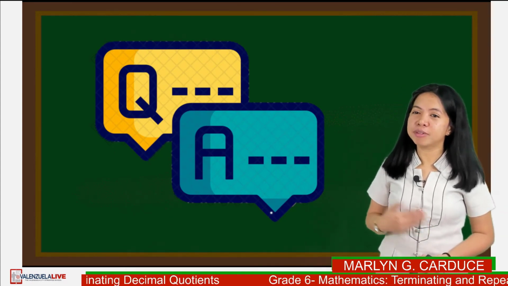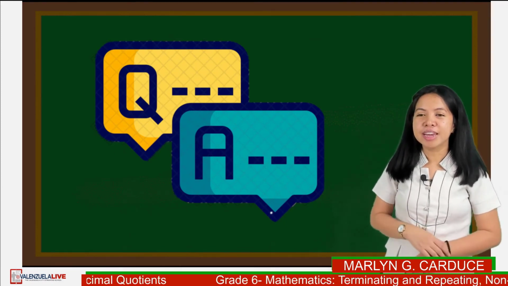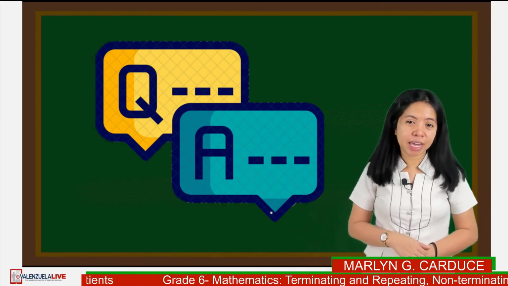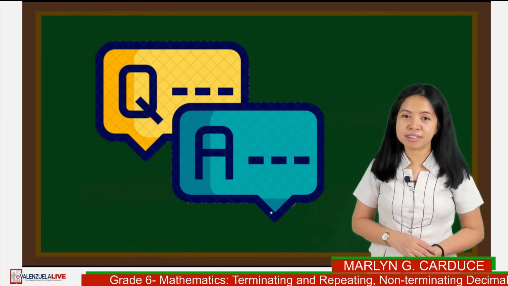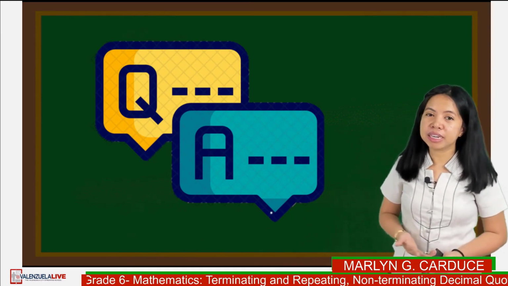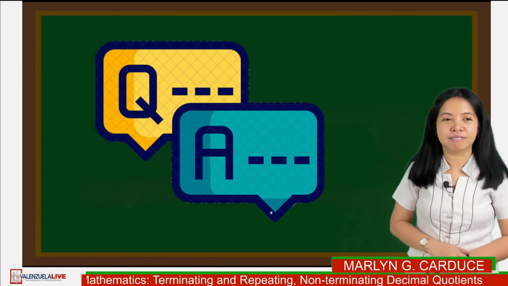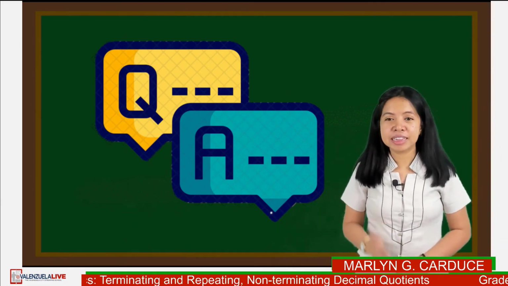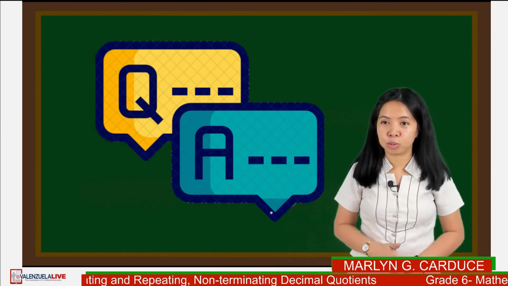Okay, so for our first question from San Miguel Heights Elementary School: Why do we need to name the repeating non-terminating decimal as it is? Why not name it non-terminating decimal only? Okay, very good question. It is because non-terminating decimals can be classified into two.